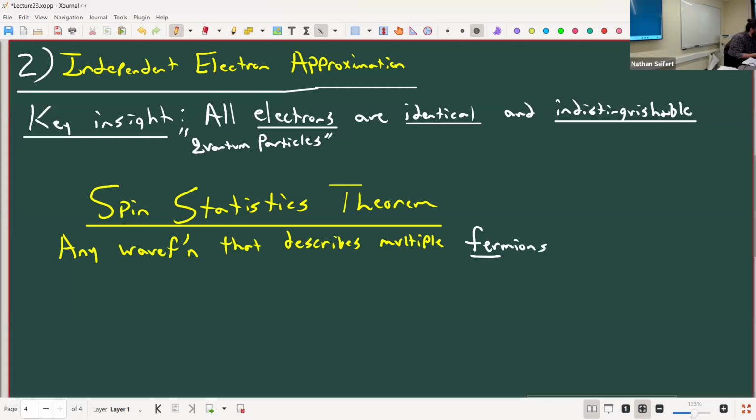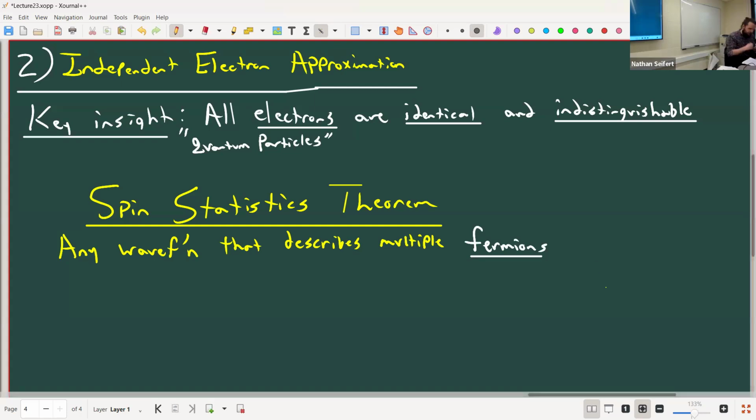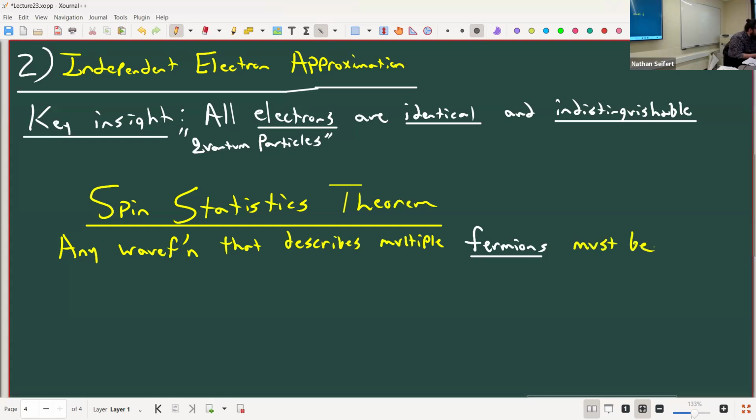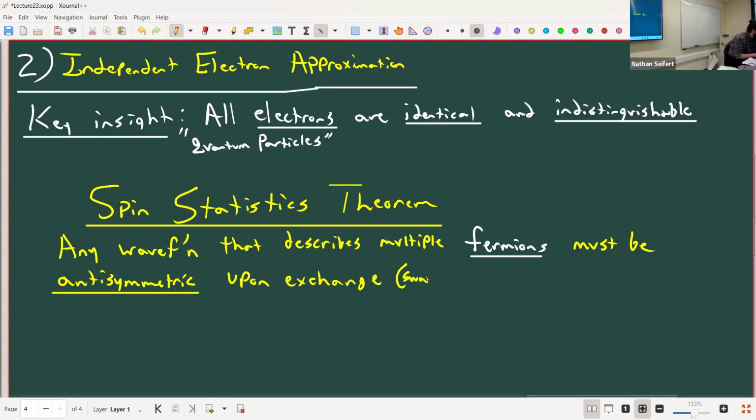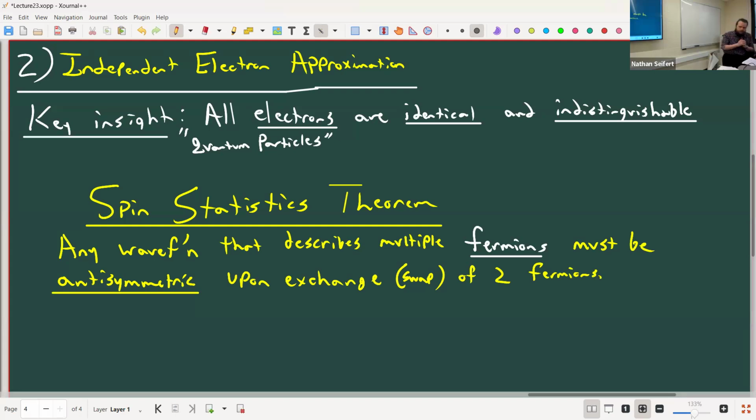Multiple fermions, I'll define this word for you afterwards. Right? An electron is a fermion, as we'll see. Must be antisymmetric. That's a new word. Upon exchange, and that's swapping, of two fermions. Right? So we'll talk about what that means in a second.